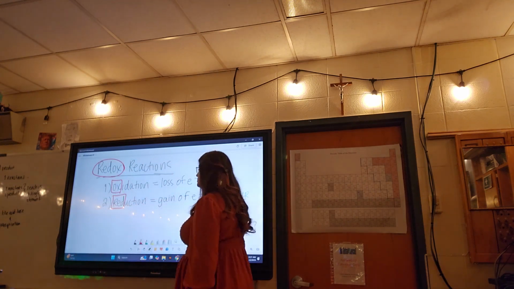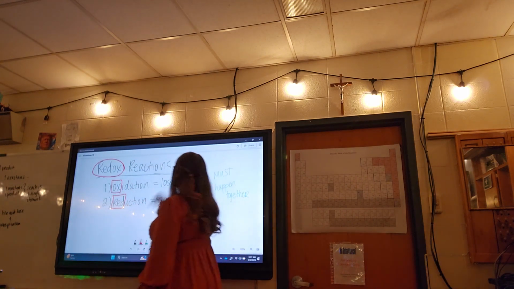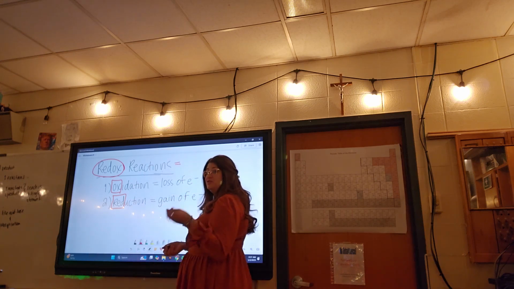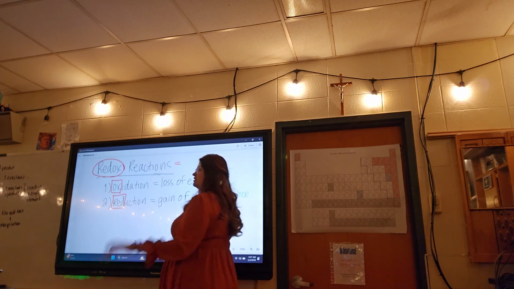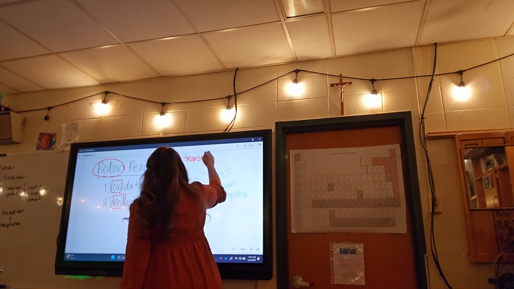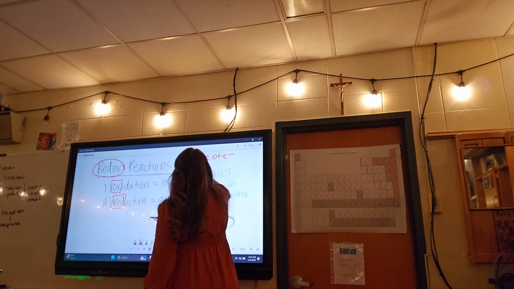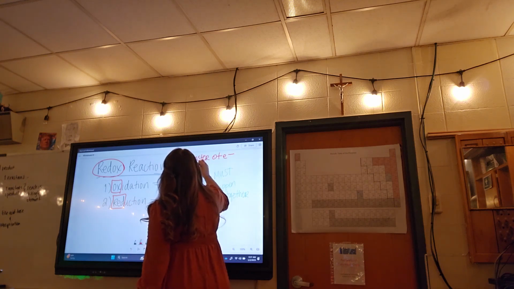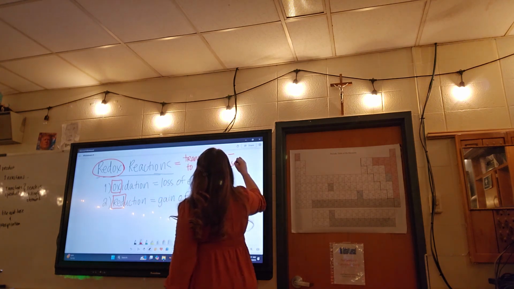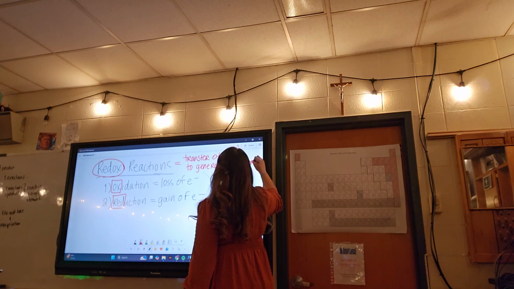So what's the purpose of a redox reaction? Because you are transferring electrons, you're able to do something with those electrons, to generate usable energy.